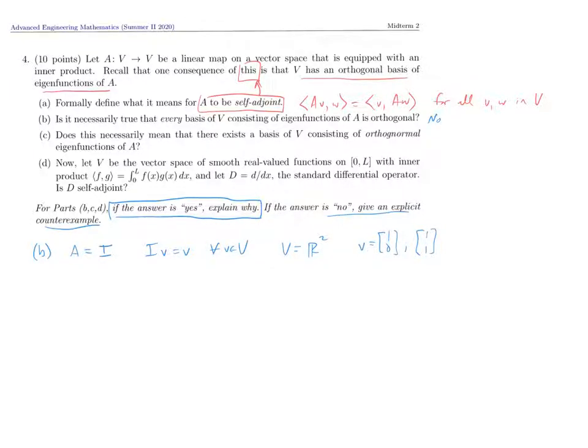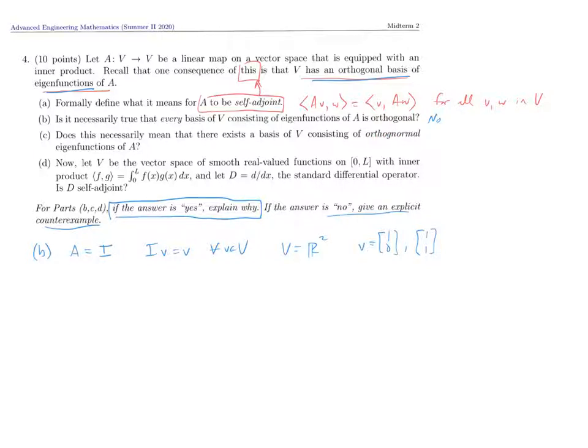Part C, does this necessarily mean that there is a basis consisting of orthonormal eigenfunctions of A? Now I did say here that you have an orthogonal basis of eigenfunctions. So regardless of how you interpret it, if you have an orthogonal basis of eigenfunctions, what I'm asking you here is, can you make an orthonormal basis?